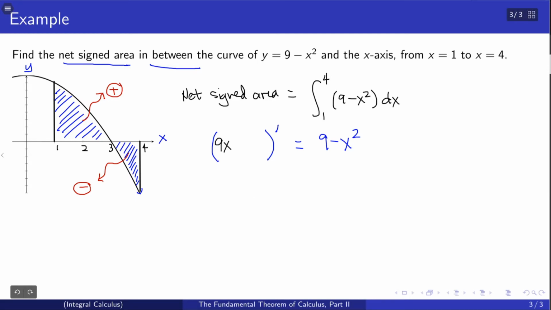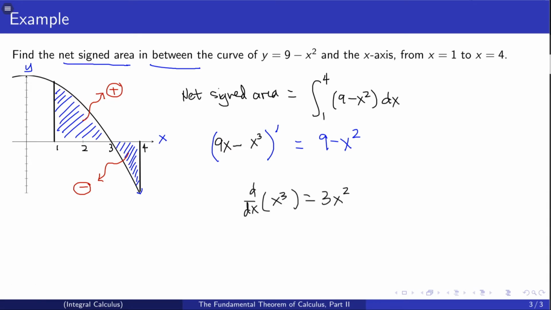How about x squared? Well, we know that differentiating polynomials brings their degree down by 1. So if you end up with x squared, that means originally you must have had an x cubed term, right? So that makes sense because d dx of x cubed is equal to 3x squared.